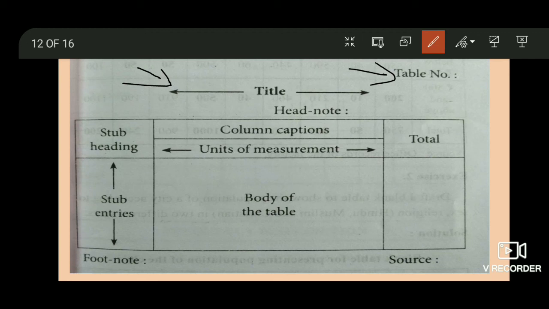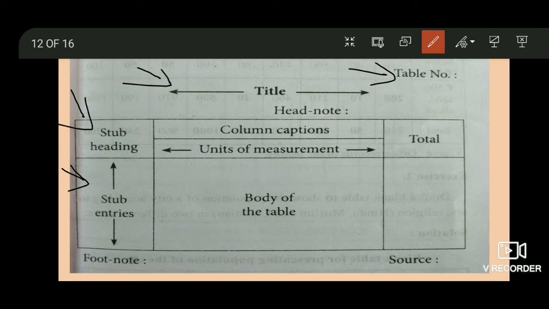So here headings should be proper, and if required you have to give the subheadings to the columns and rows. Whenever necessary, the units of measurements must also be mentioned. So here as you can see, in the left extreme you have to enter the row headings, which are known as stub entries, and this is the stub heading.